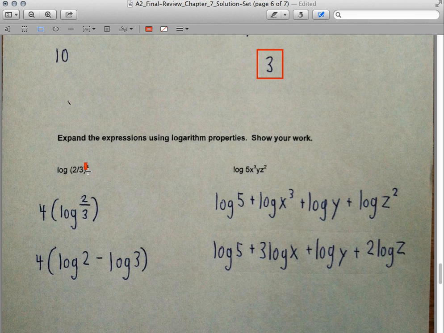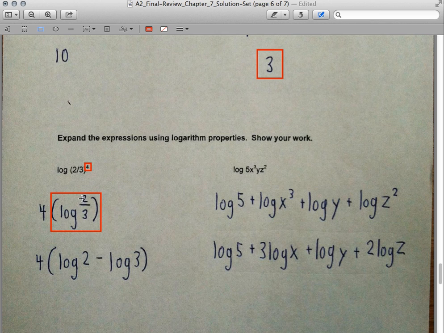Again, we understand that we can take our exponent, in this case 4, and put it in front of the logarithm expression. So this becomes 4 times the log of 2 over 3. And then we can expand this because our quotient property, much like our product property in the previous example, states that a logarithm expression of a fraction is the log of the numerator minus the log of the denominator.